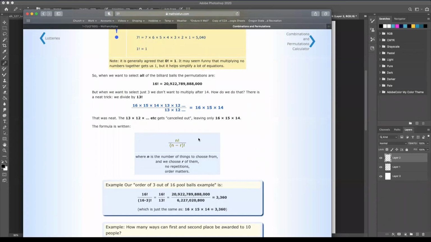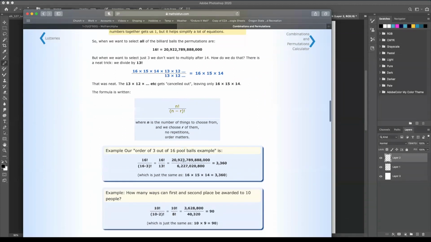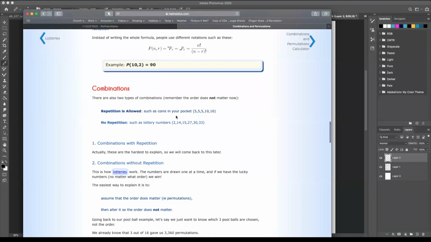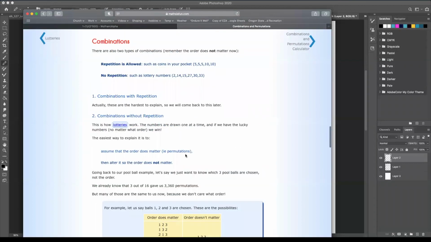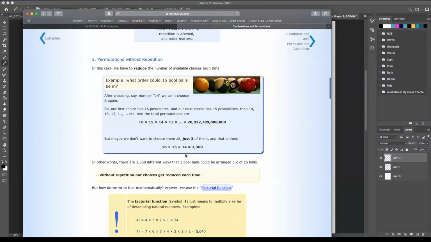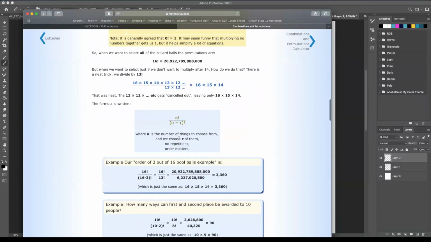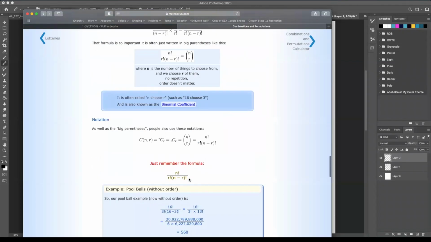Here, if order doesn't matter, we do combinations. If order does matter, it's called permutations. So if the order matters, we do this; if order doesn't matter, we do this.